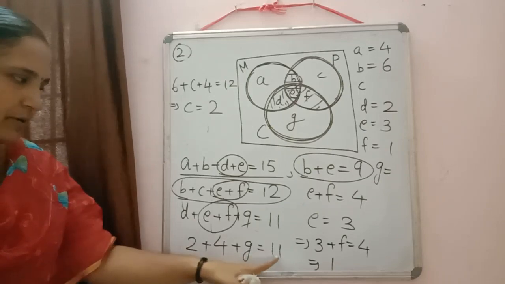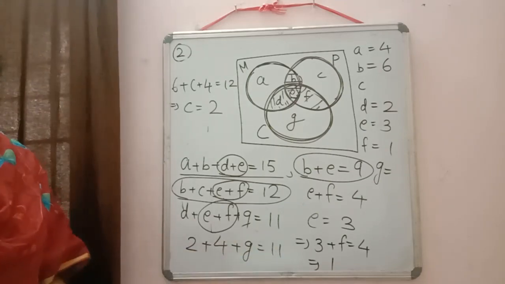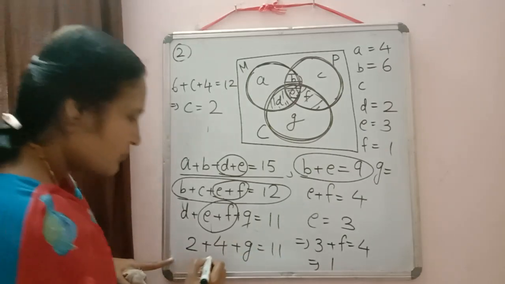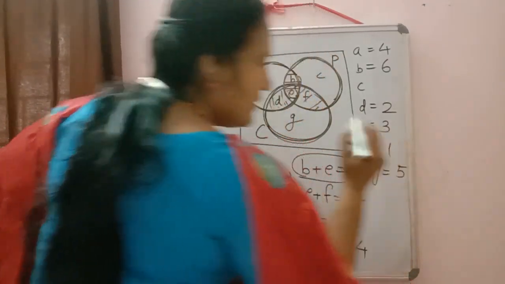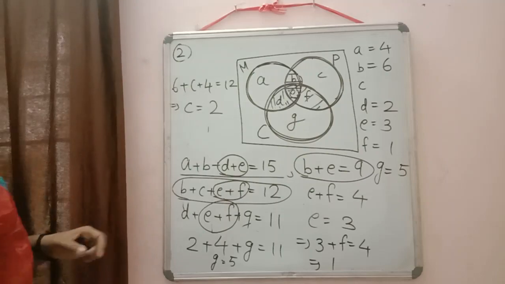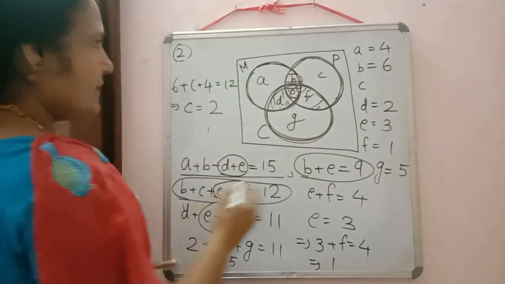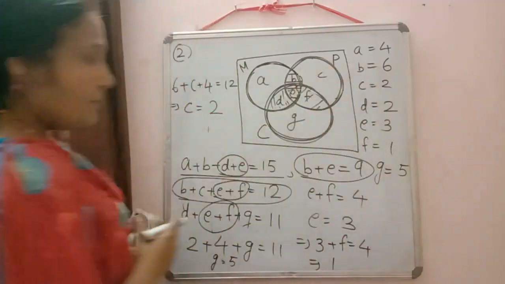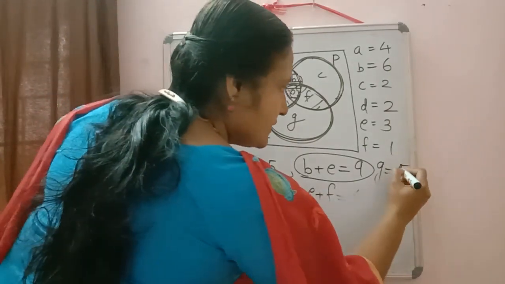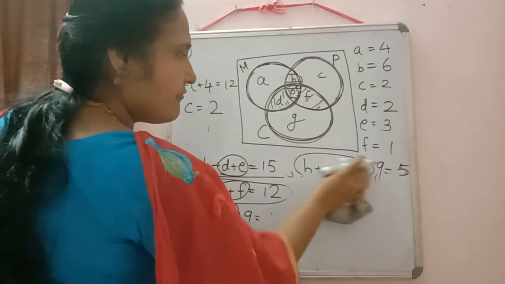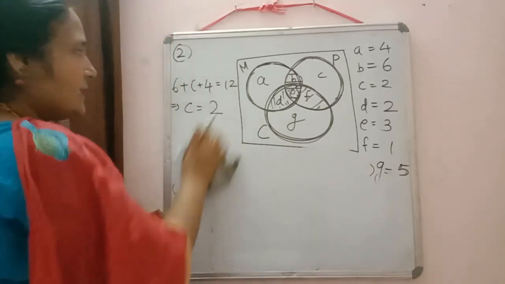So G is equal to 11 minus 6. So that will be equal to 5. So we are getting G is equal to 5. So we got the value of all the alphabets. Diagram I am not writing here, because from the diagram only it will be clear what are the things we have to calculate. Just refer to the diagram, then it will be easy for you.